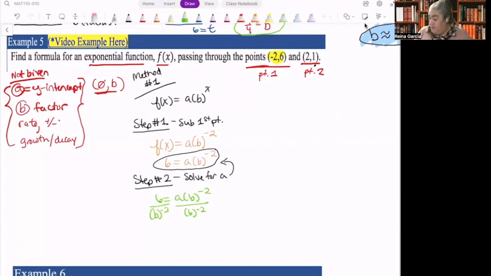That cancels. And now we have a equals 6 over b to the negative 2. Now, we're going to hold on to this for a minute. So we're just going to set that aside. We're going to go ahead and highlight that. We're going to set this one aside because that's what we got for a using point 1. And now we're going to move on to step 3.